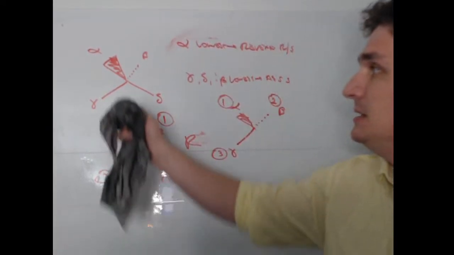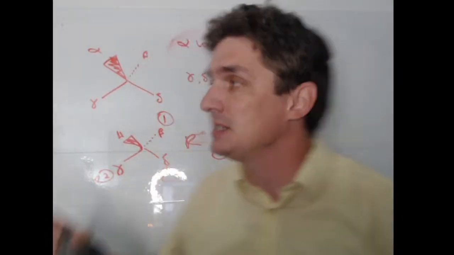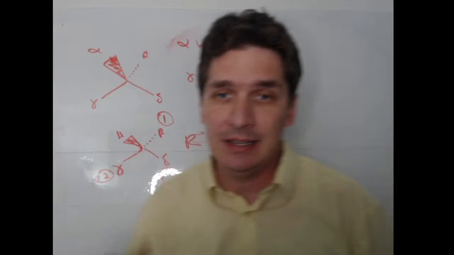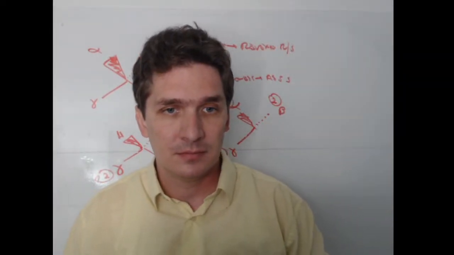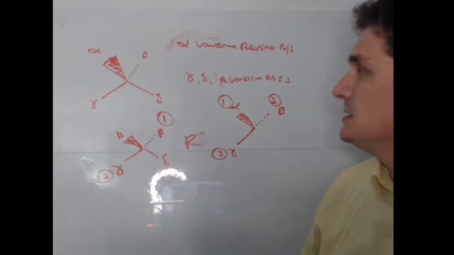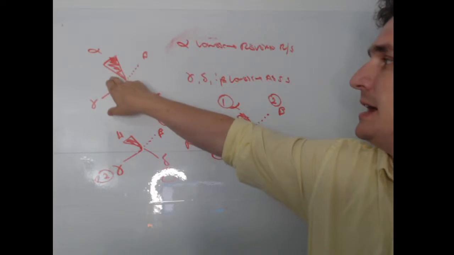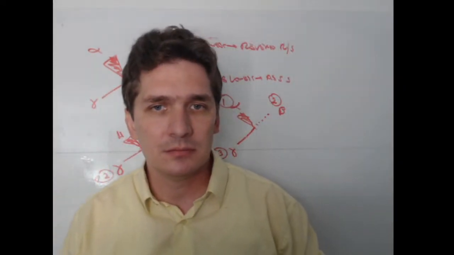I would say you either need to build the structure or build the Fischer projection, because there are assumptions built in with this that can kind of get you off.